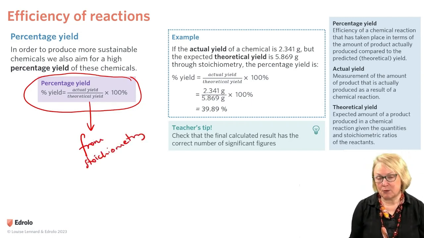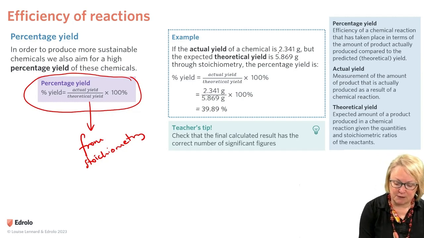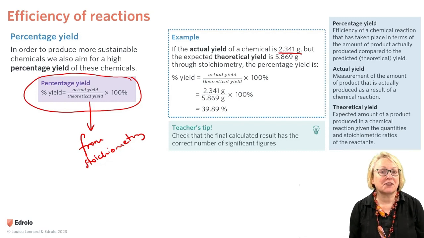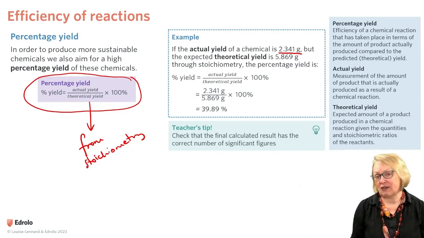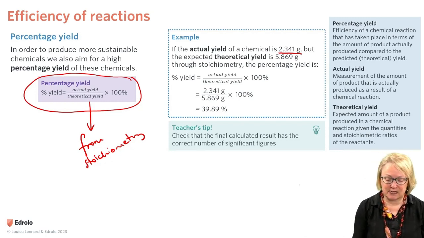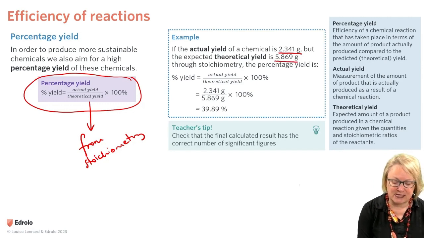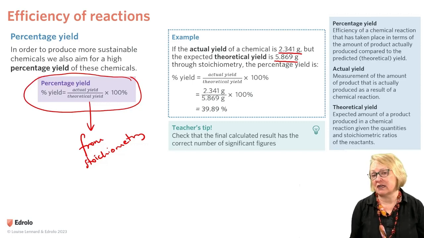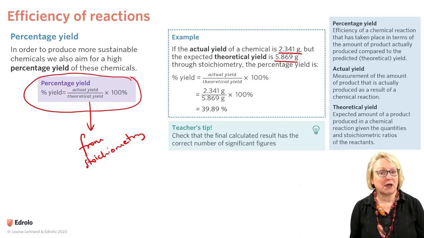So in an example, if the actual yield that we obtain in a reaction is 2.341 grams of the desired product, but our calculations of stoichiometry tell us we expect 5.869 grams, then we can calculate the percentage yield by dividing the actual yield by the theoretical yield, multiplying by 100.